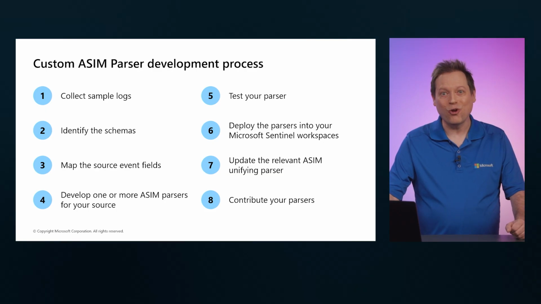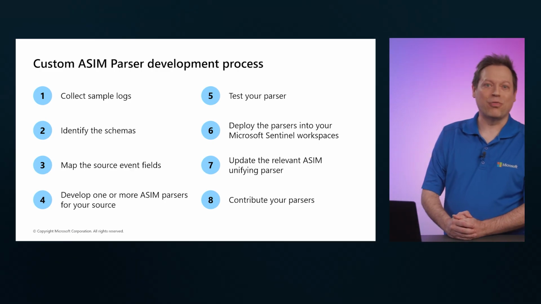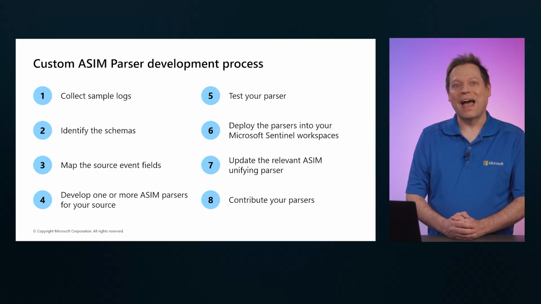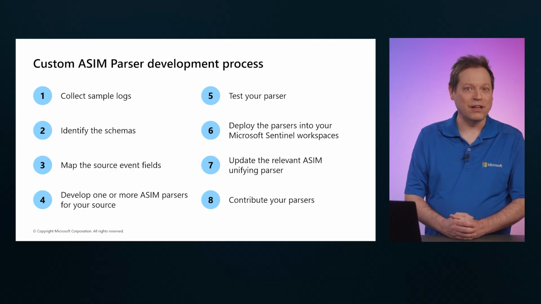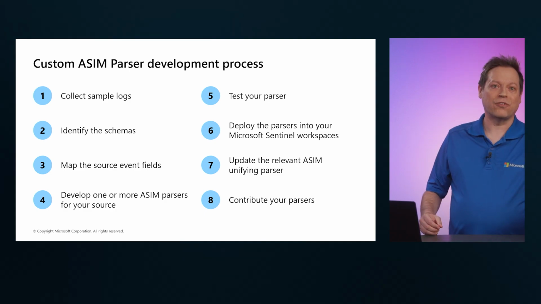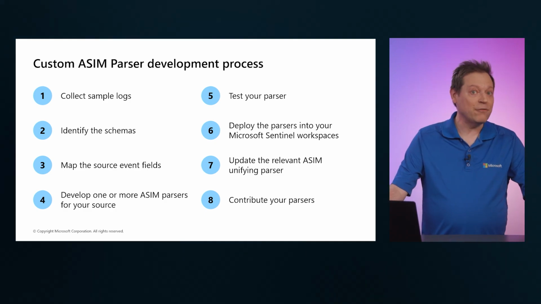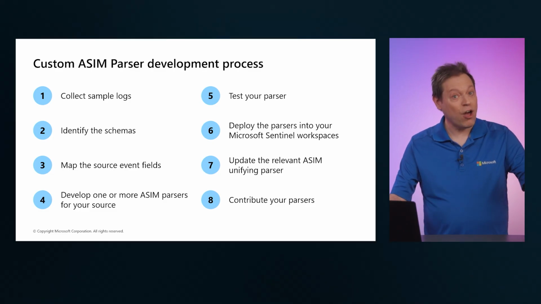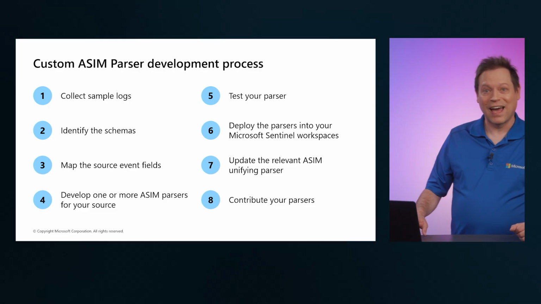Test the parser thoroughly, and deploy the parser into your Microsoft Sentinel workspace. After deployment, update the relevant ASIM unifying parser so that the new source is included. And finally, consider contributing your parser back so that others can benefit as well.